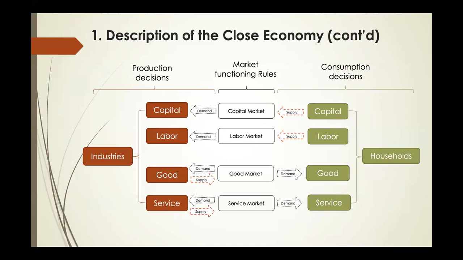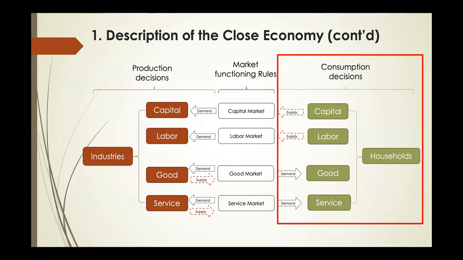On the right, each household supplies capital or labor to the factor markets. Workers supply labor to the factor market, while capitalists supply capital to the capital market.